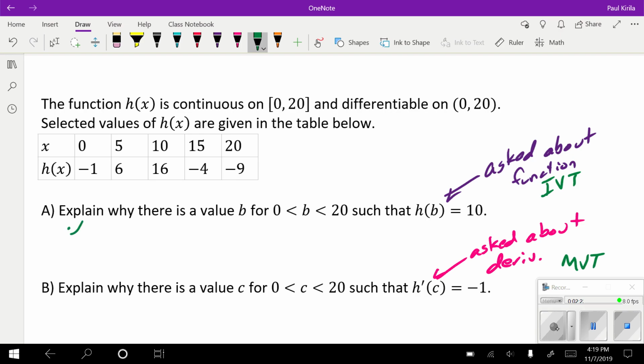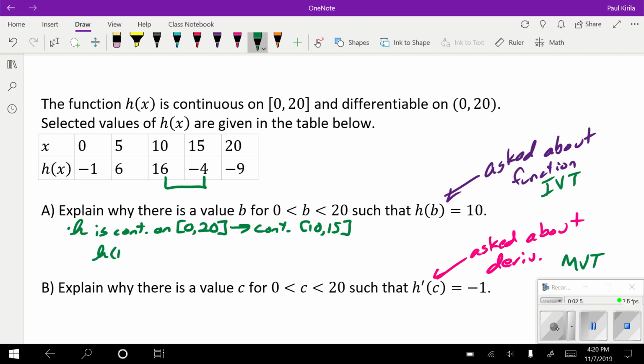So if I'm talking about the IVT, first I need to make sure that I meet the hypothesis. Well, h is continuous on the closed interval of 0 to 20. In order to have a value of 10, I need to find endpoints where I'd have one above 10, one below 10. And what I can see is right here. So if it's continuous on 0 to 20, it is continuous on the closed interval 10 to 15.